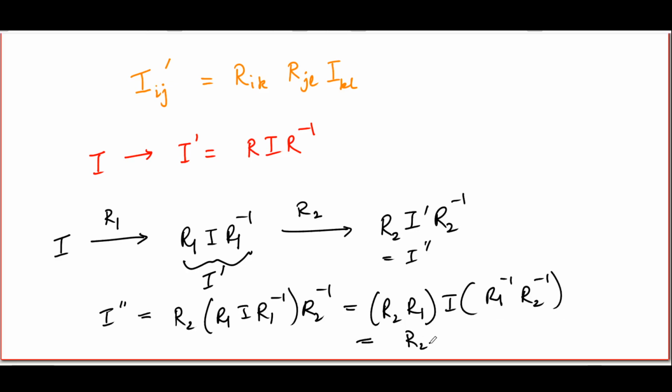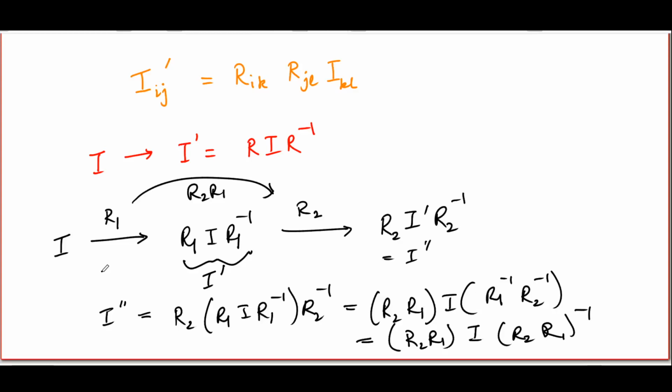And therefore, it is the same as R2 R1 I (R2 R1) inverse. So if you carry out a transformation using R1 first and then using R2, you end up with a transformation which you would get using R2 R1, the product rotation matrix, in one go. So at least in this indirect version, it's easy to see that the transformation rule actually obeys T of R2 R1 is T of R2 times T of R1.